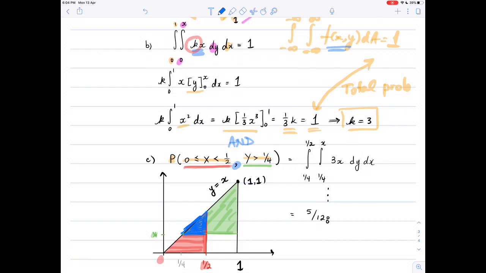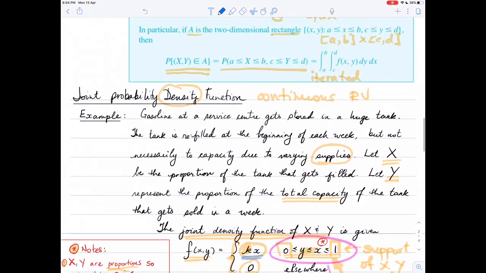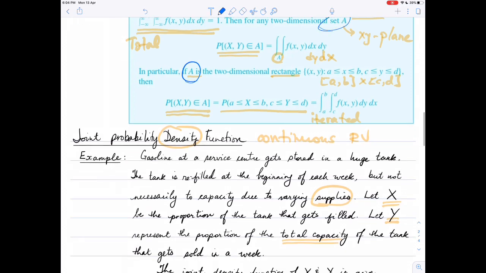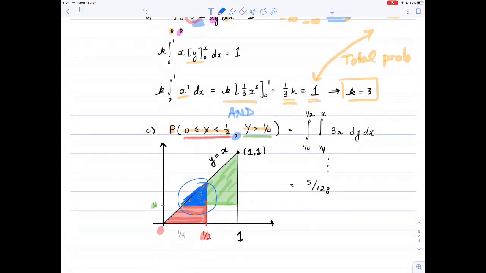So that triangle we are going to set up. We want to integrate over that region, using the definition that we had above. If A is some two-dimensional subset of the support, then this triangle in blue is the subregion A that the definition is talking about.